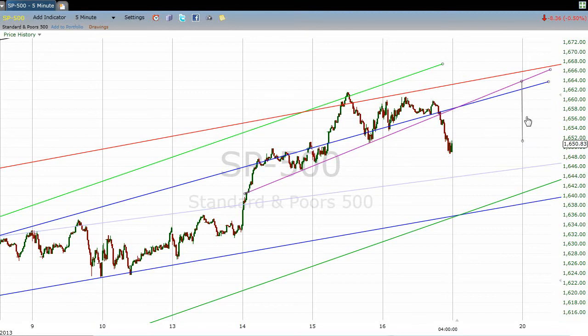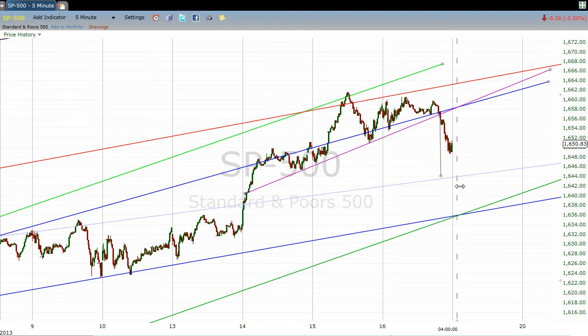Well, I tried to say that, and I think I failed at it. But basically what I'm saying is you may not get the full downside target of this because of that pretty aggressively upsloping neckline. But we're going to measure it just the same.